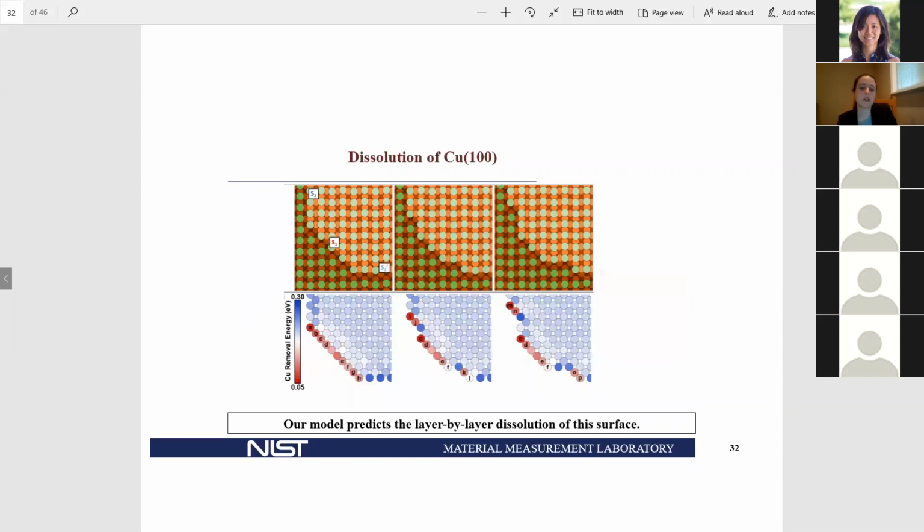And this becomes more interesting because now we can consider any structure that we want, even those seen from experiment, and identify which atoms are most likely to dissolve first due to their low removal energy. And so basically, we now have a model that can predict the layer by layer dissolution of the surface.